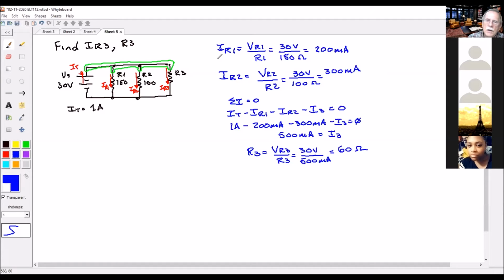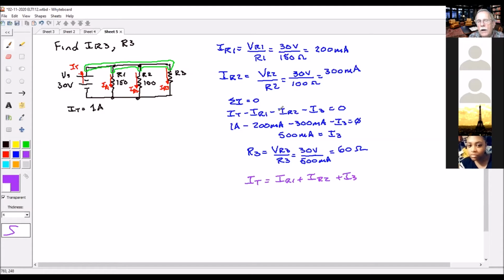I could also have used the other form and said IT is equal to IR1 plus IR2 plus IR3. If you think about it, if I took IR1 and added it to both sides, I'd end up with a plus IR1 to the right of the equal sign.